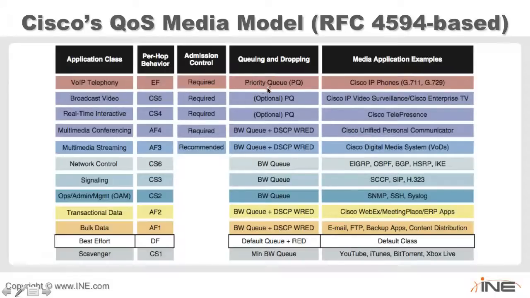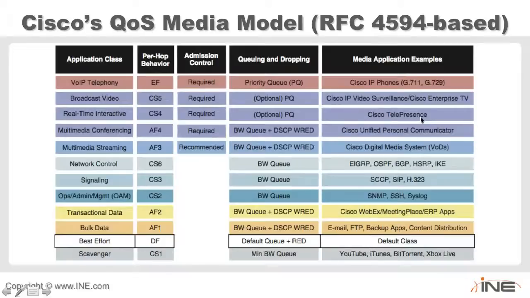Next, we have broadcast video. You're going to notice that we have a few different types of video. We've got 4 different types here: broadcast video, real-time interactive video, multimedia conference, and multimedia streaming. Let's jump over to the examples. Broadcast video might be IP video surveillance or Cisco Enterprise TV. Real-time interactive might be telepresence. Well, this is what they're saying. This is their recommendation, so if you're following their recommendation, it would be telepresence.